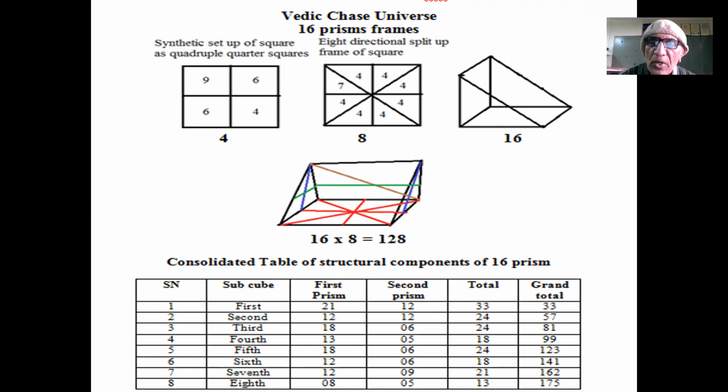And now, if we take a step ahead and approach further split for each prism along the 8 directional frame, then we will be reaching at 16 into 8 is equal to 128 sub-prisms.